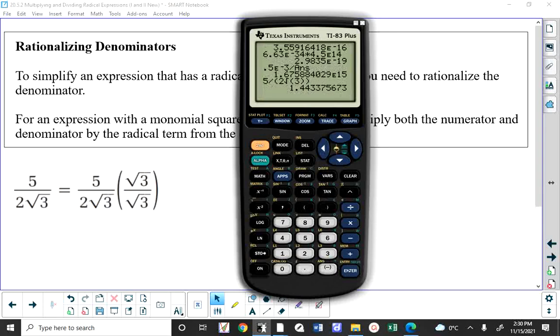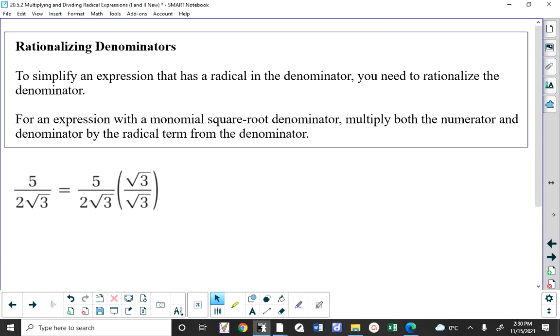This is what 5 over 2 root 3 is equal to. And I'm saying I'm going to multiply that by root 3 over root 3. Why can I get away with that and not change the value of the number? Because I can't take that number and multiply by 12. That'll change the value of the number. Why am I allowed to do what I just did on the board?